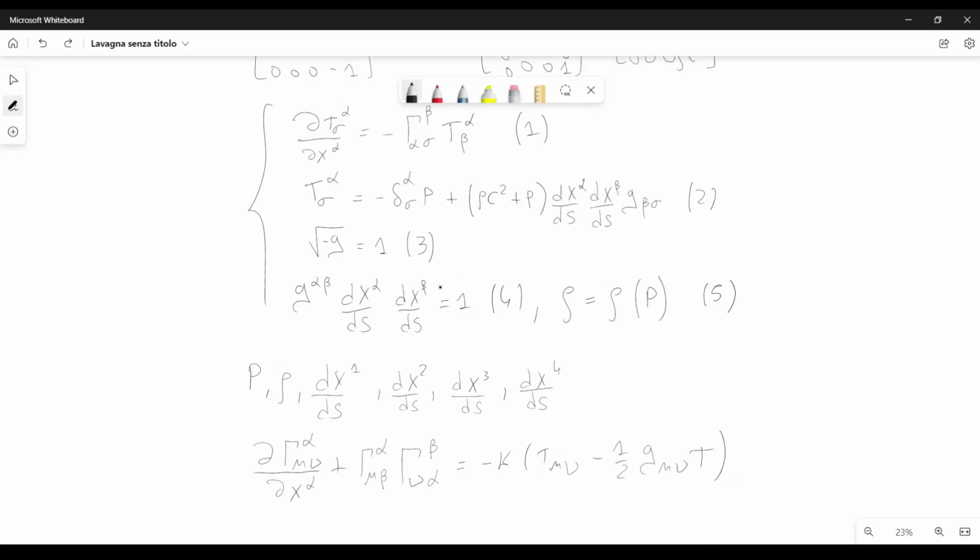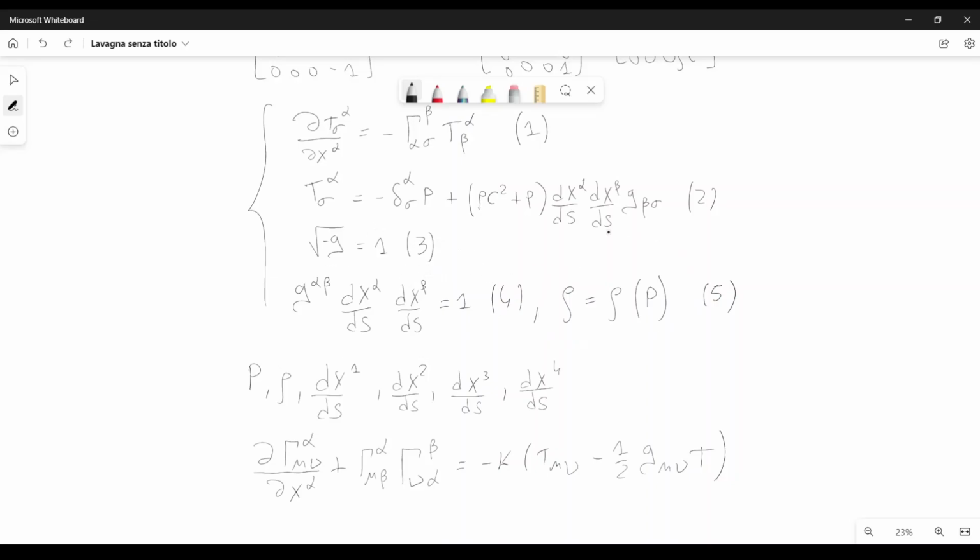So together with the equations 3, 4, and 5, if we put this one together with the second one here, how many scalar equations do we have? Well, we have 13 equations if you count them, because we have 10 equations from here, then we have one additional equation from here, so 10 plus 1, 11, another one, 12, another one, 13.